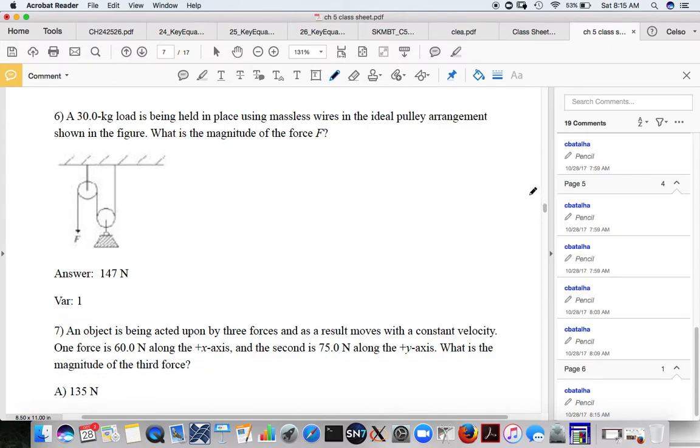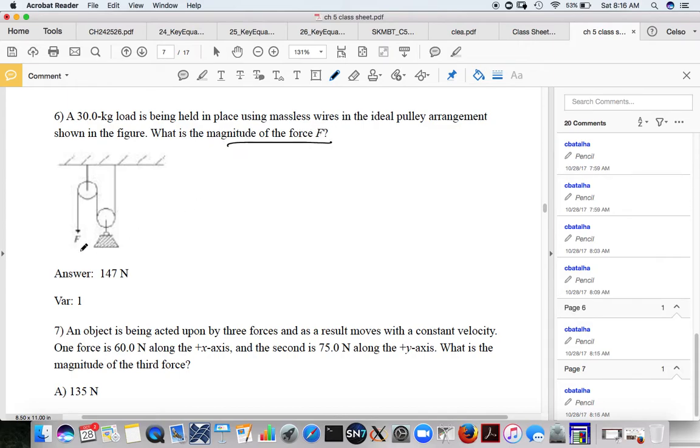How about this? A 30 kilograms load is being held in place using massless wires in the ideal pulley arrangement shown in the figure. What's the magnitude of force F? Okay, that is interesting. So you have a force F that is applied to a cord.